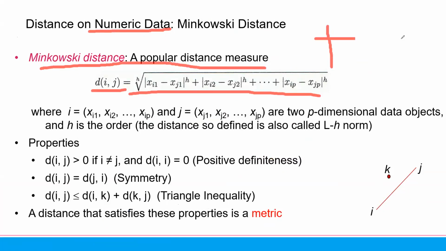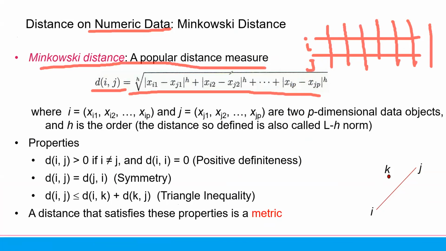So let's suppose I have this data. I have object I, and then I have object J. And I have the attribute. What I can do with this one is to take the root based on the h. The h is any value. I will explain later.